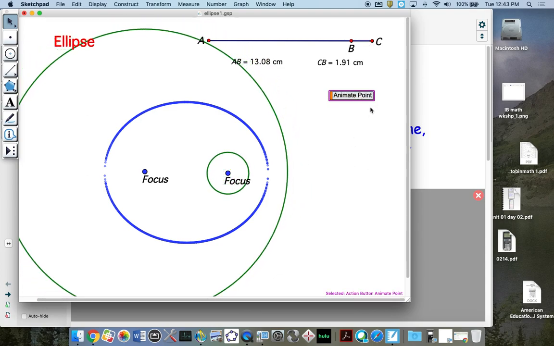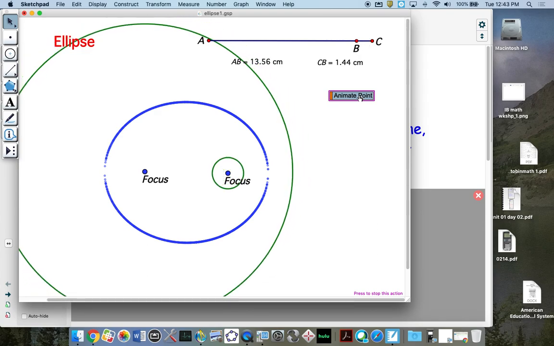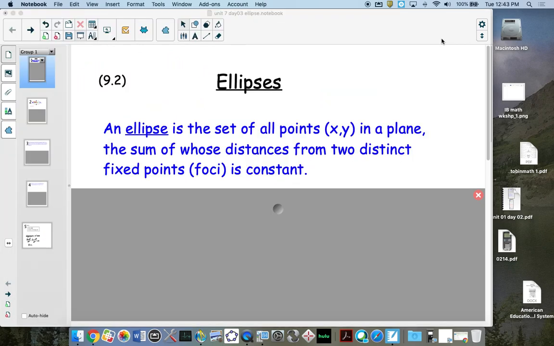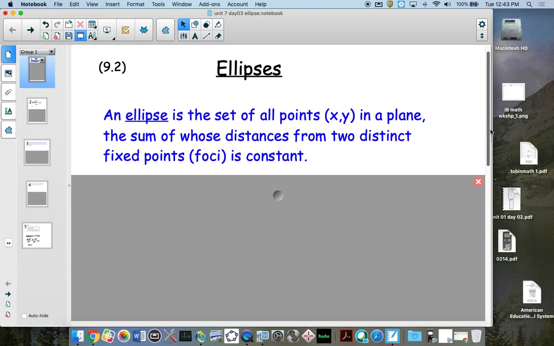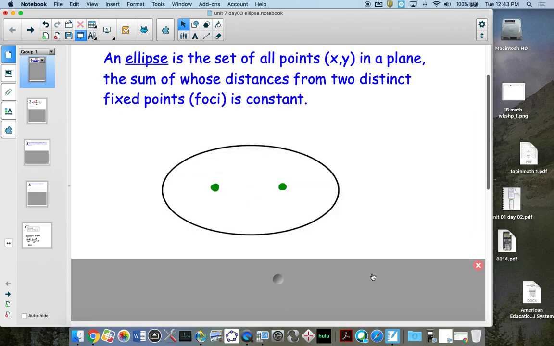Okay, I'm going to come back to this picture in a little bit. Let's set it up for when I come back to it. There we go. Okay, so now let's familiarize ourselves with the terminology for all the parts of an ellipse. So we already know that the 2 fixed points are each called a focus, plural foci.